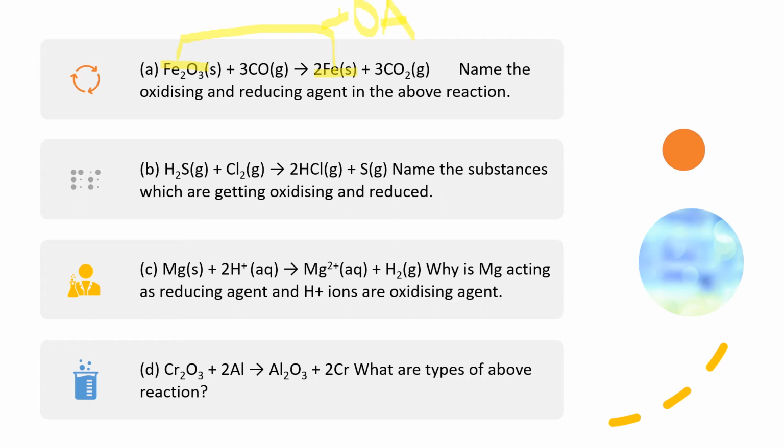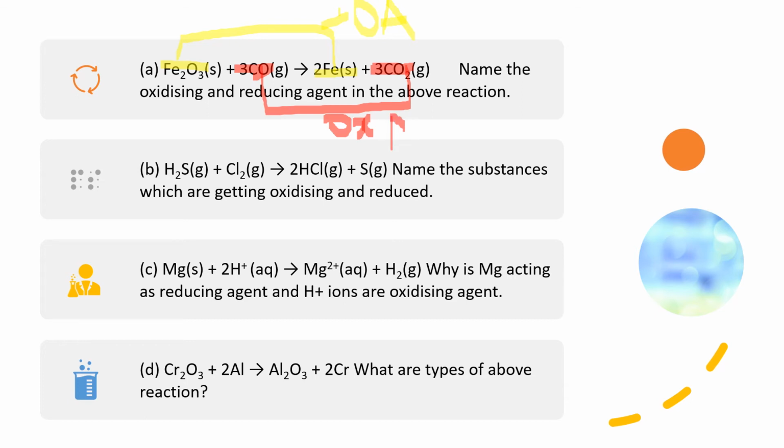Now look at the carbon monoxide. What happens to carbon monoxide? Here you can find that there is oxygen addition, which means oxidation happens. That means this is a reducing agent.